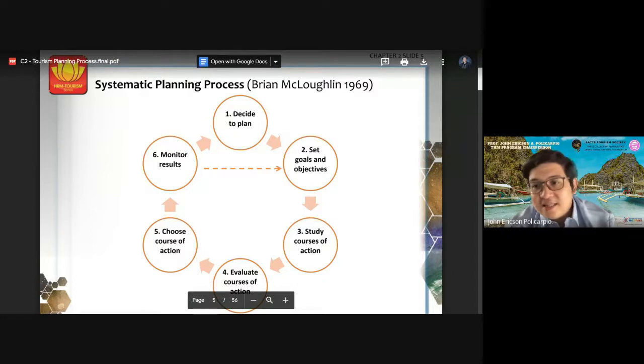Kagaya ng ginagawa natin sa case studies, 'di ba? If you're doing your case studies right during your second and third year, we tend to set criteria in order for us to evaluate our courses of action, and we look into what's the best alternative course of action to be utilized for your plan. And that leads us to number 5.